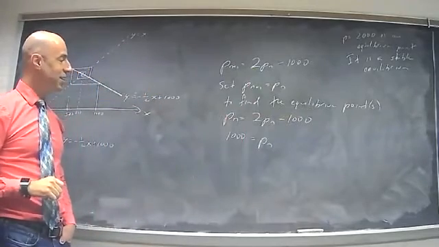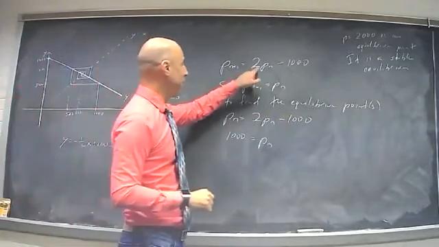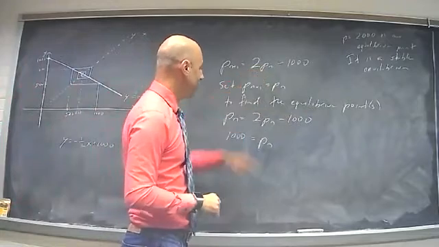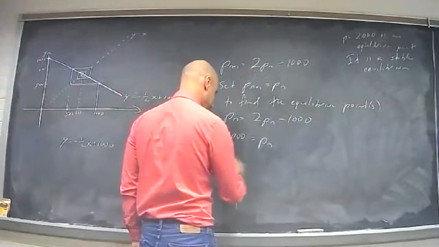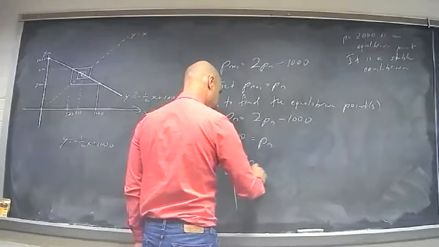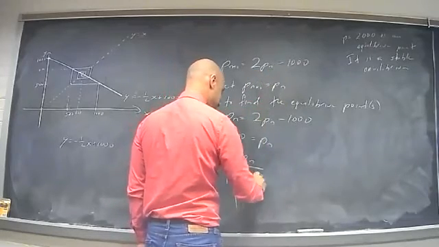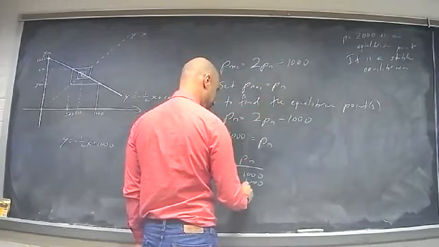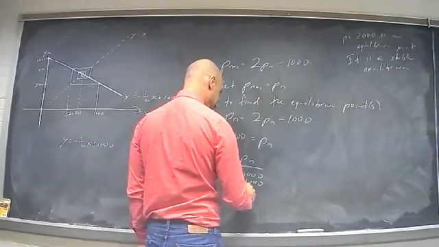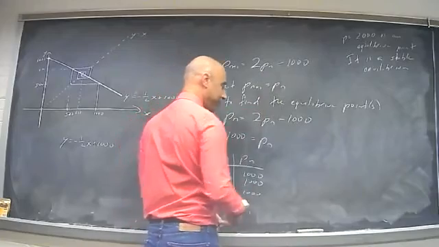So that is an equilibrium point. If I plug 1,000 in, I will keep getting 1,000. So P0 equals 1,000. Then the next one is going to be 2 times 1,000 minus 1,000, which is 1,000, and so on. So it's definitely an equilibrium point.